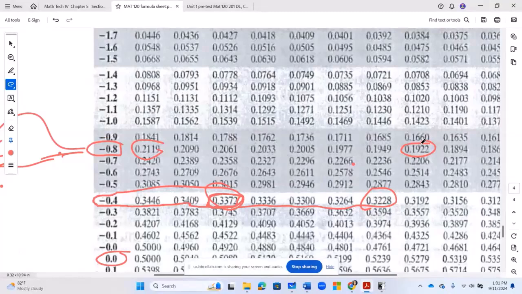So the area to the left of negative 0.87 is 0.1922.